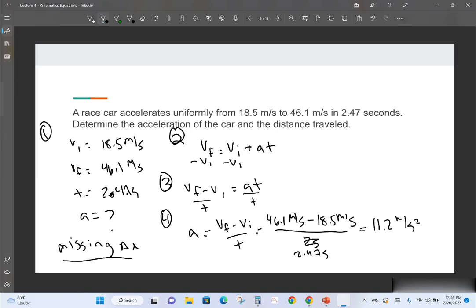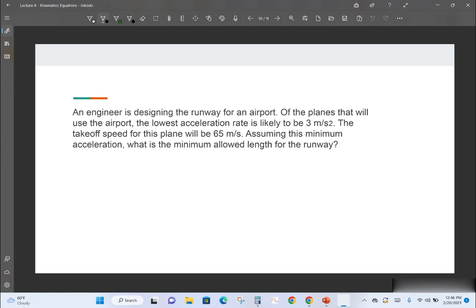Let's try another one. An engineer is designing a runway for an airport. The planes that will use the airport, the lowest acceleration is 3 meters per second squared. The takeoff speed for this plane will be 65 meters per second.